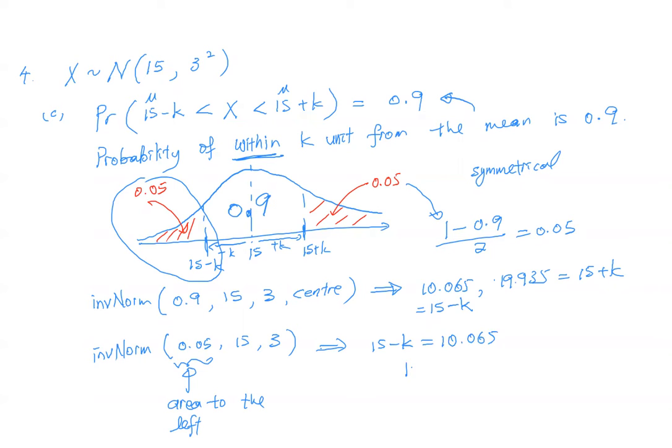So you can get your k here. You see or not? Remember, you can only use center if it is symmetrical. If it's not symmetrical, cannot. You get what I mean? Yes, Miss.